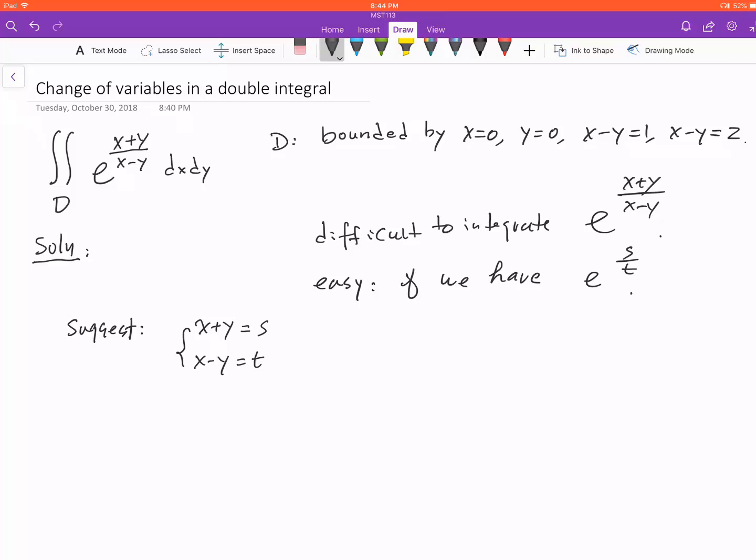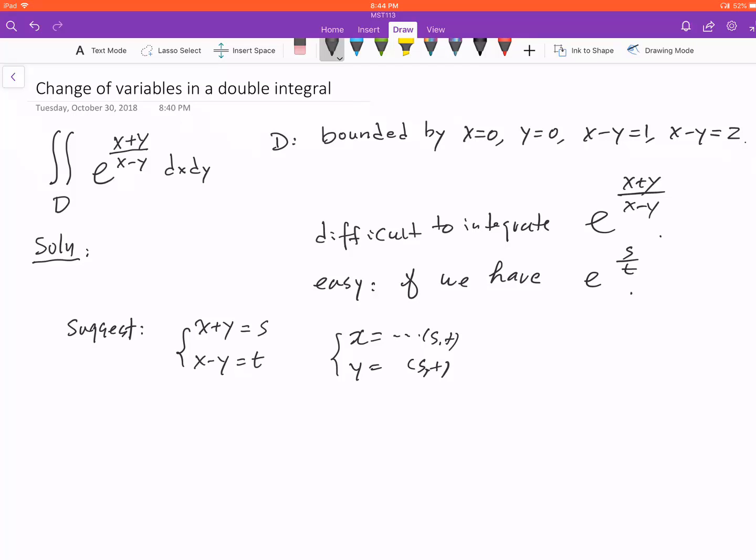So we need a transformation so that x is equal to something about s and t, and y is equal to something about s and t. That way we can do the substitution.